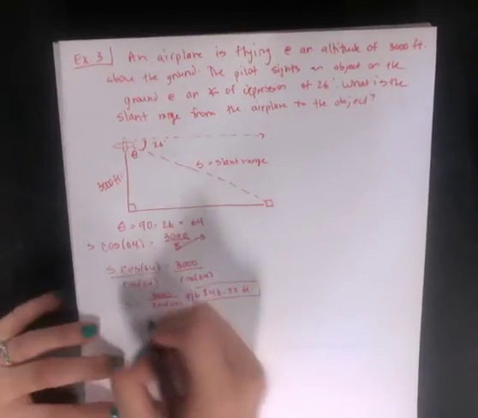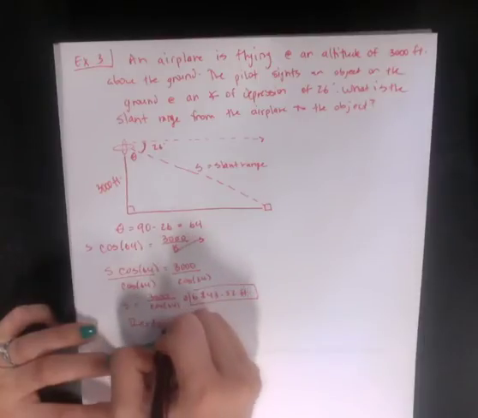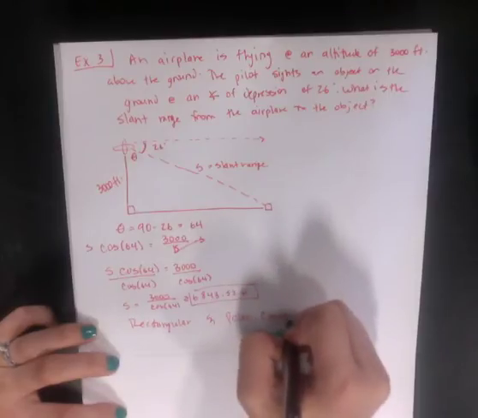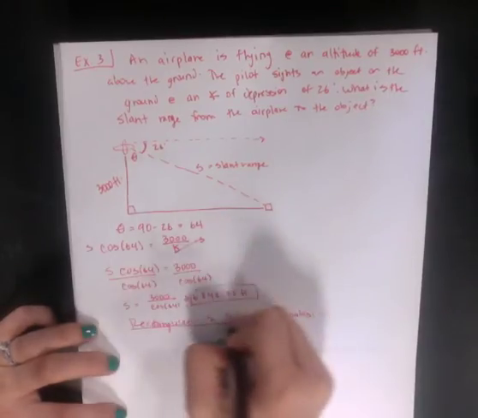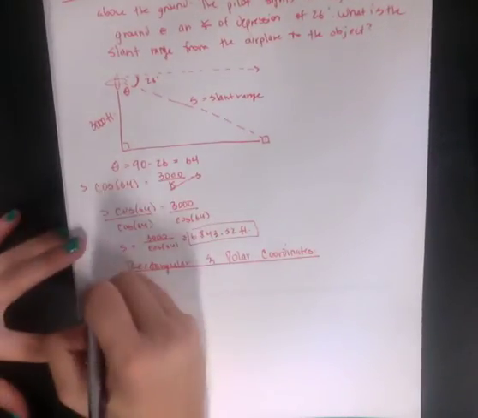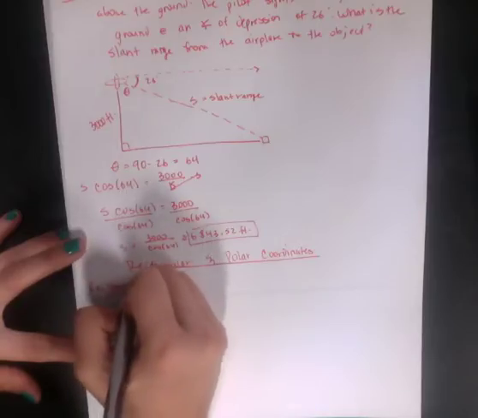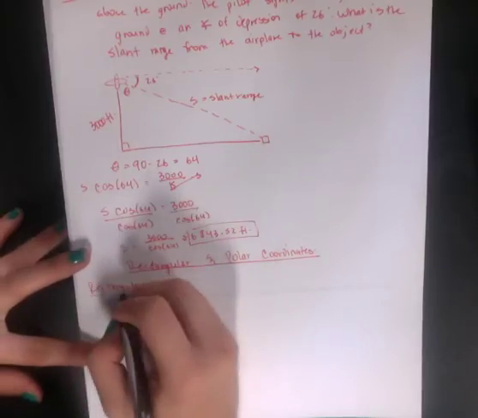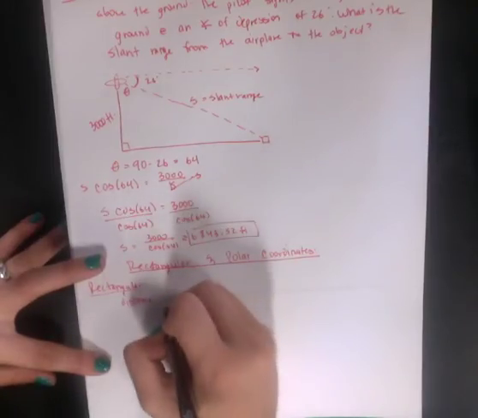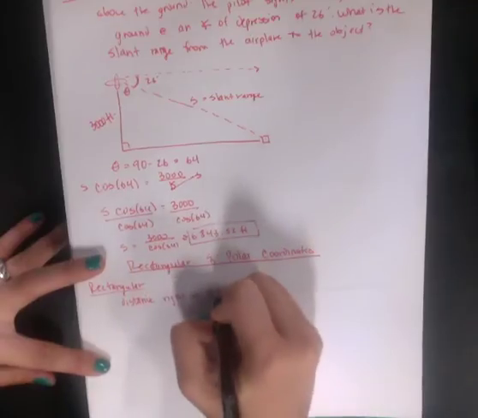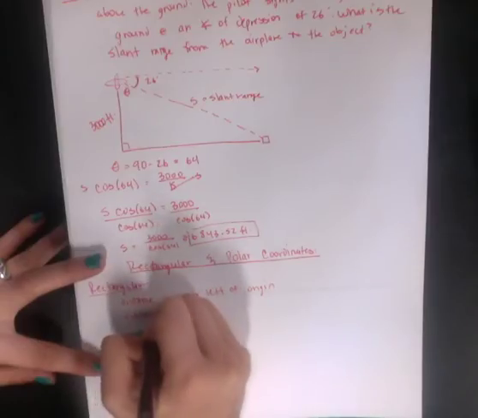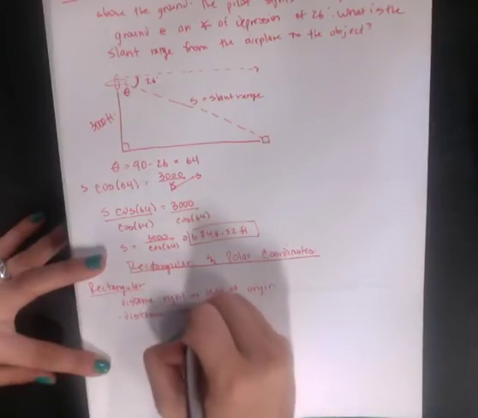All right. Moving on, let's talk about rectangular and polar coordinates. Okay, a rectangular coordinate is the distance right or left of the origin and the distance above or below the origin.